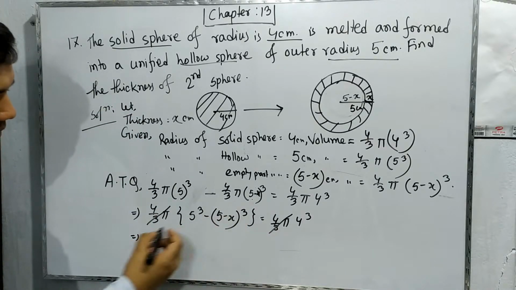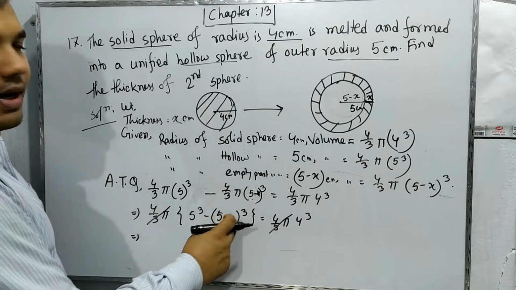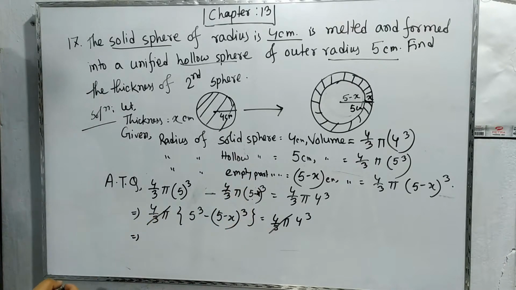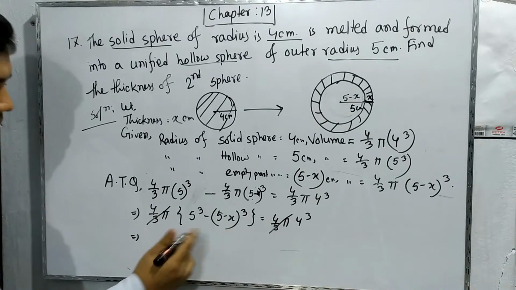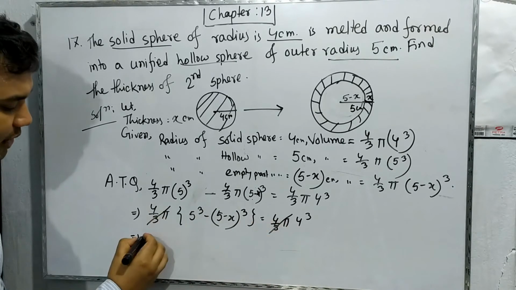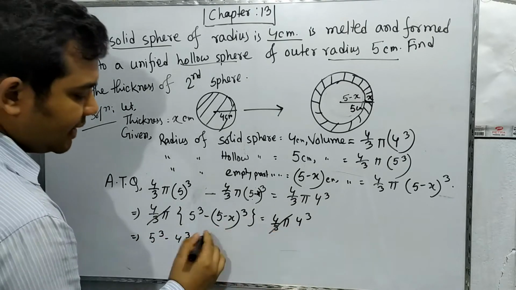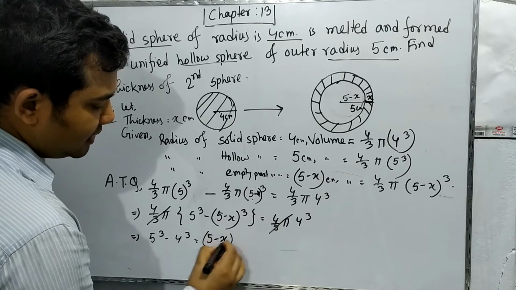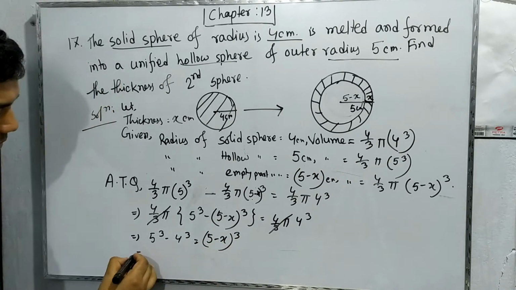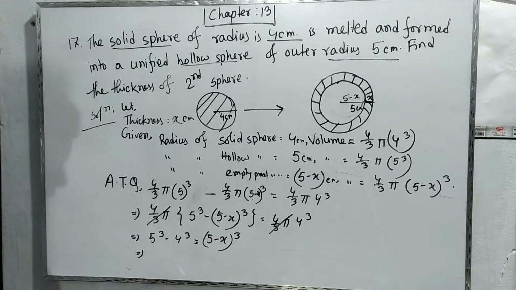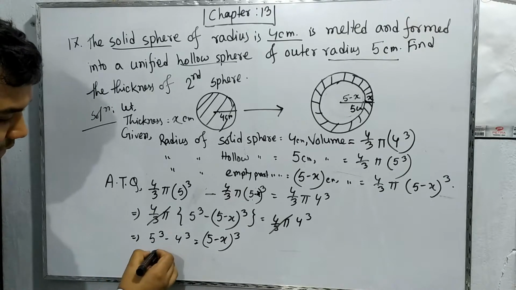So 5 cube minus this, if we are calculating a minus b whole cube, then we get a formula, or another way we can take it, that is 5 cube minus 4 cube, if it changes its side, then this. So 5 cube minus 4 cube is nothing but 61 actually.